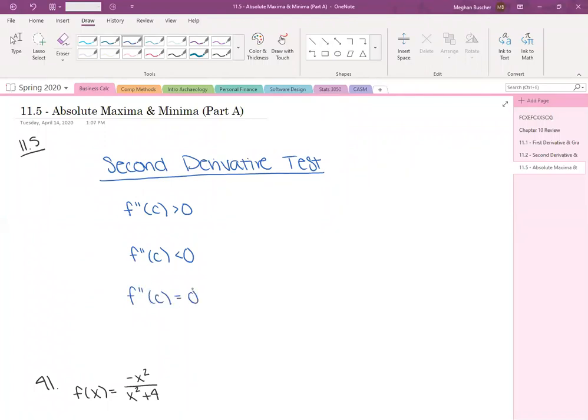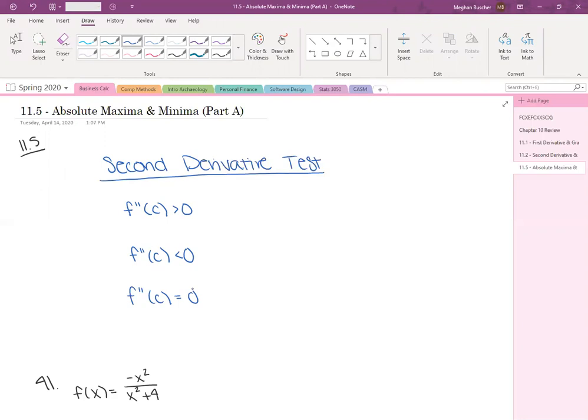Those are the three cases we could have dealing with the second derivative. And each one of those cases kind of tells us a little bit about what's going on with the function itself. So this second derivative test is kind of nice because it's just a much quicker way to find minimums and maximums without having to do a sign chart or anything.